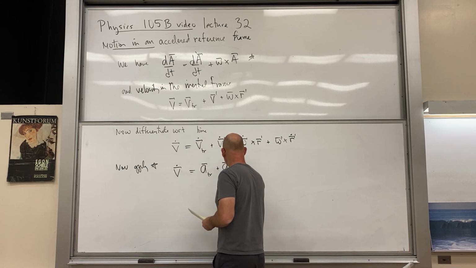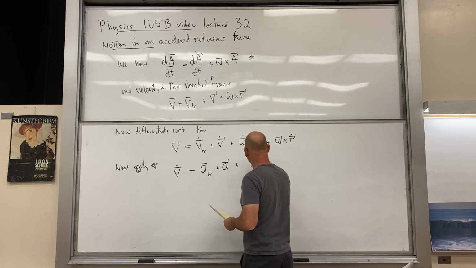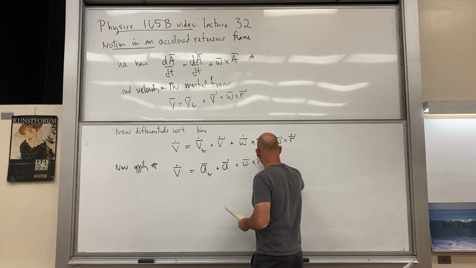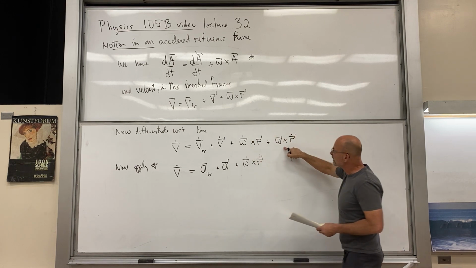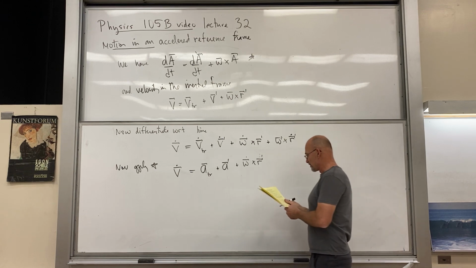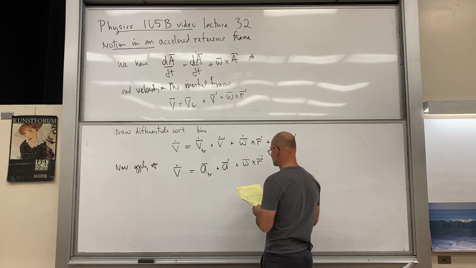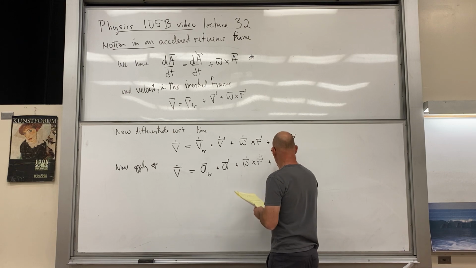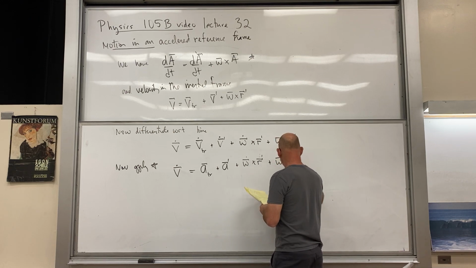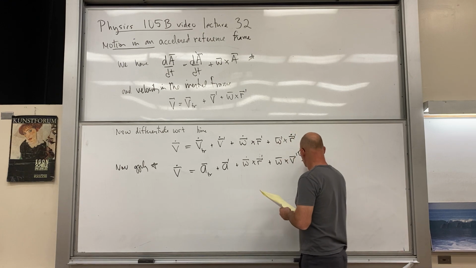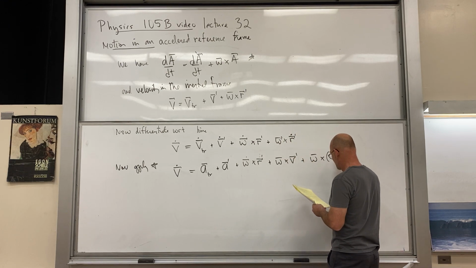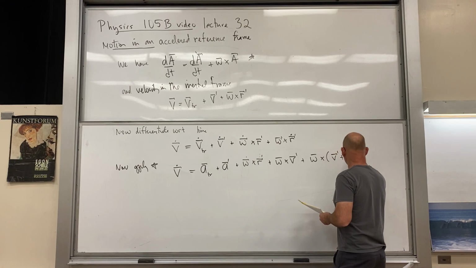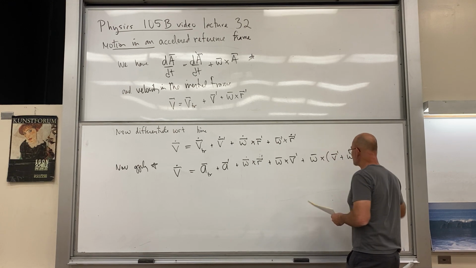We have an acceleration in the primed frame, we have an omega dot cross r prime, oops. And this one now has to be acted on by that operation right there. And I get omega cross v in the prime plus omega cross v in the prime plus omega cross r in the prime.